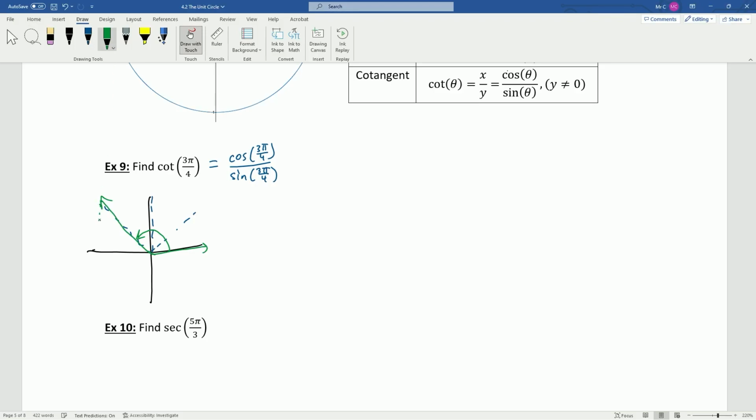And so my triangle has a reference angle of pi over 4. Right? I went 3 pi over 4 before, and I'm going all the way to pi, so what's left is pi over 4. And across from pi over 4 is the square root of 2 over 2. So both of these sides are the square root of 2 over 2, but my x value is negative here because I'm in the second quadrant.